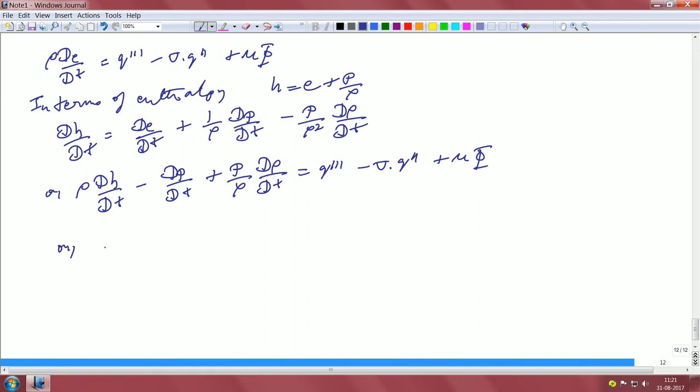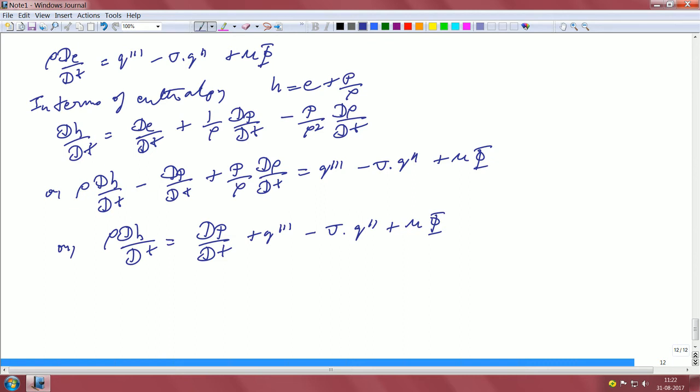Now, for dH/dt, you can take this dP/dt to the other side, plus q triple prime minus q double prime. And we obviously know that since it is incompressible, rho is not varying, so that d rho/dt term goes to 0.